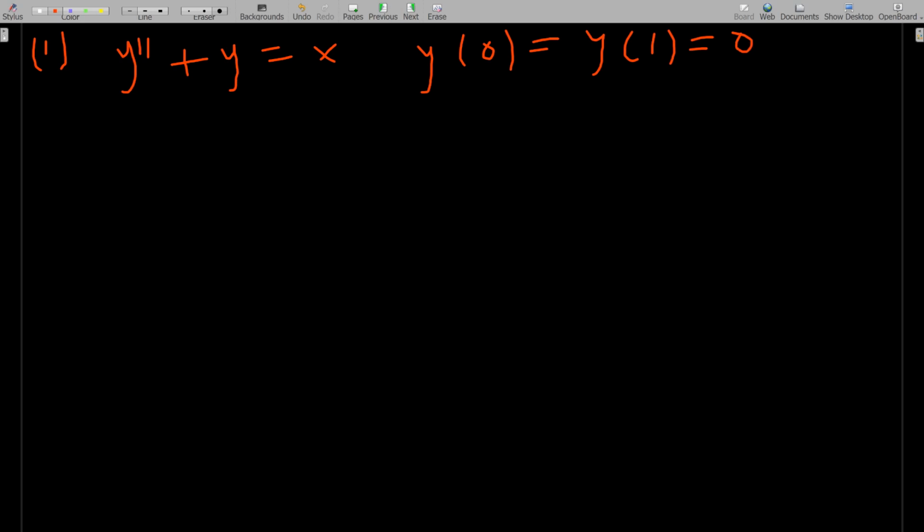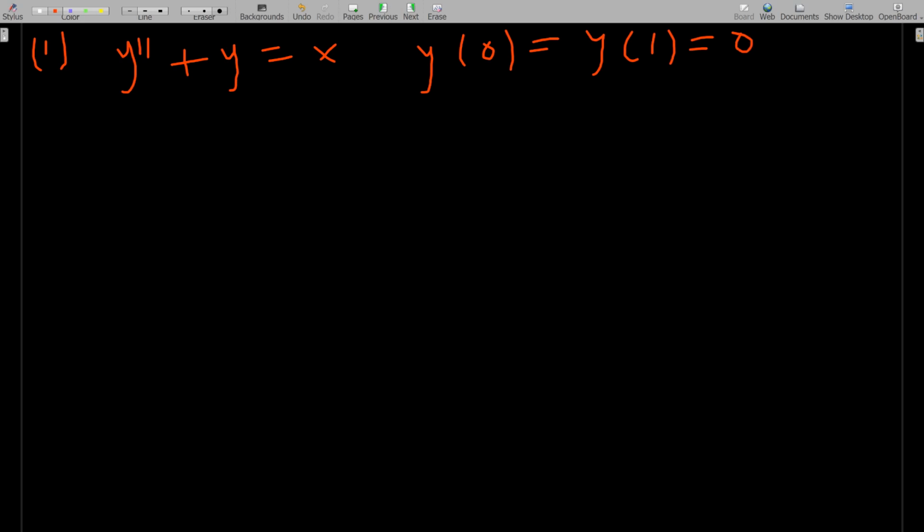The first trial is: use Green's function to convert this to an FIE, y prime plus y equals x, where y of 0 is equal to y of 1 is equal to 0.